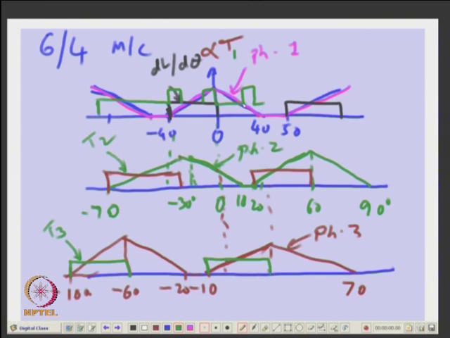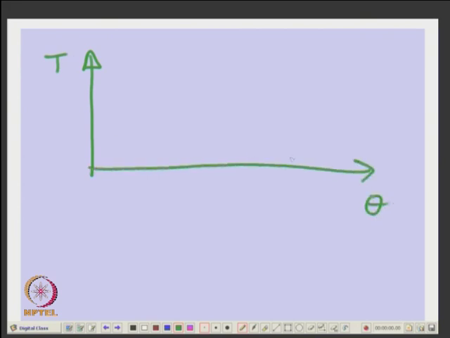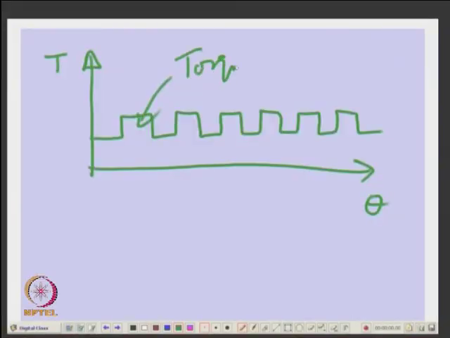So, you will find broadly that your torque versus position, if you do like this, is it not, this will be torque versus theta, right. I mean just a demonstration. What does it imply? This all leads to torque pulsations. You will notice there are torque pulsations, right.